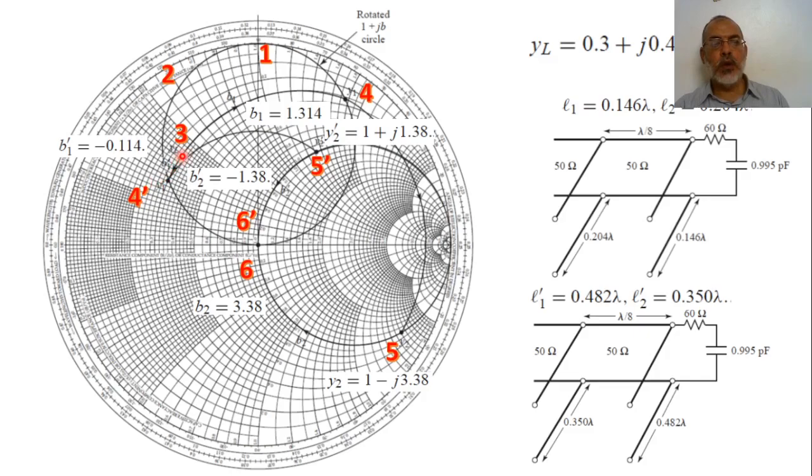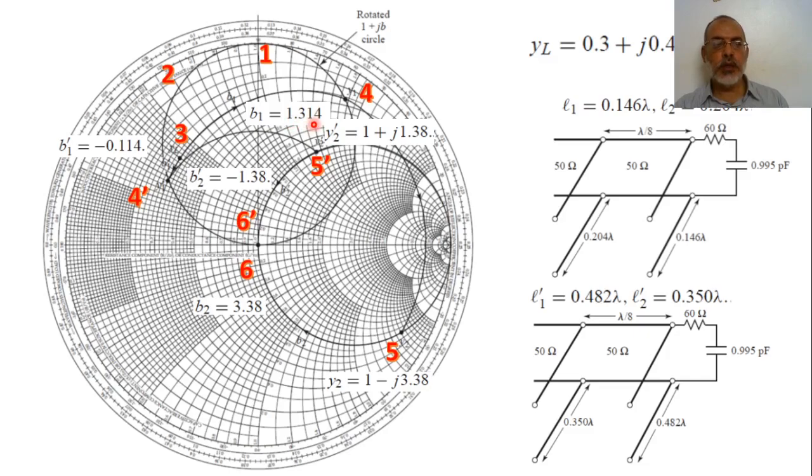The value of B1 can be determined by taking the imaginary part of Y1 minus the imaginary part of Y load, which is 0.4. So the imaginary part here minus 0.4 would correspond to the value of B1. B1 in this case is 1.314.